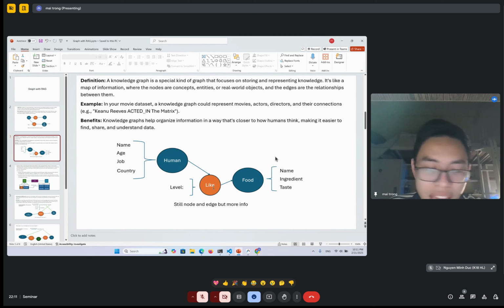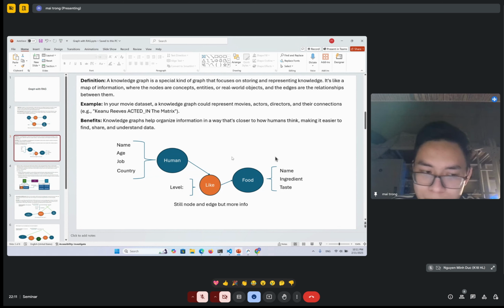The edge can also have an attribute with a level, 1 to 5, or how much, how frequently. So these things can all be defined, and that is called knowledge graph.